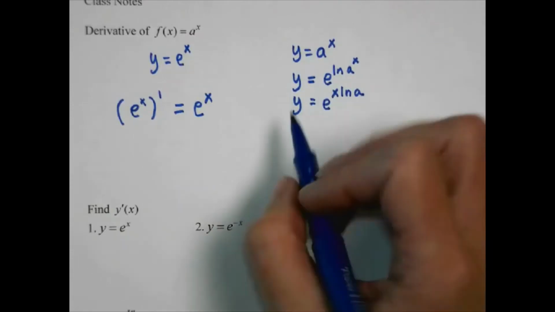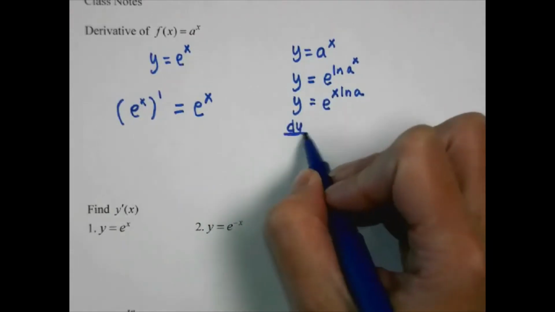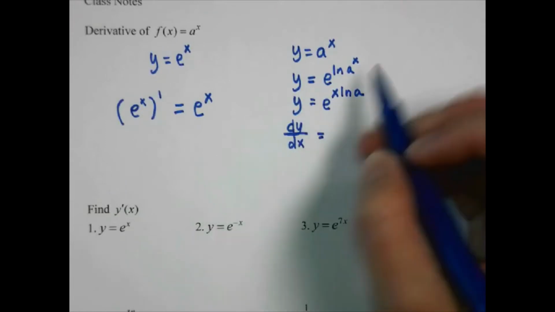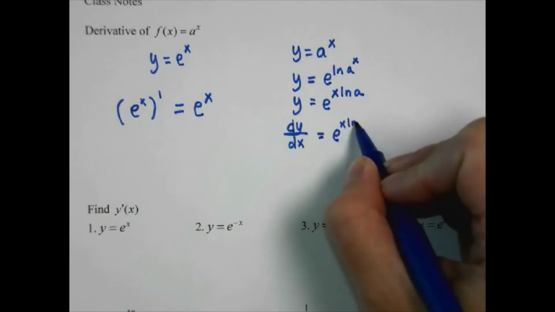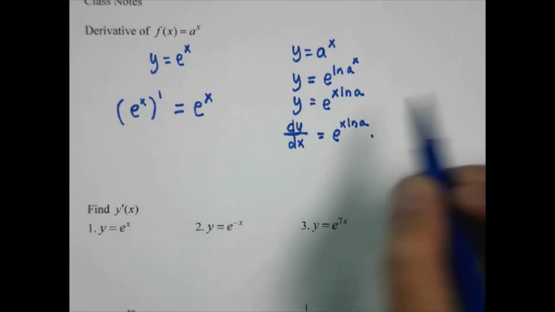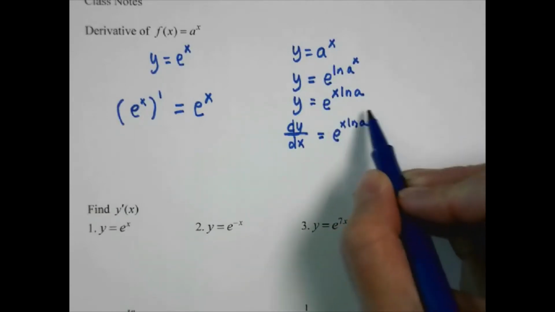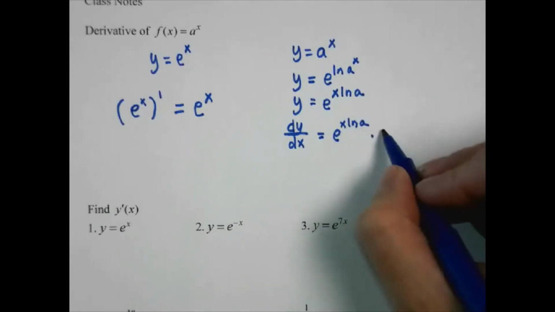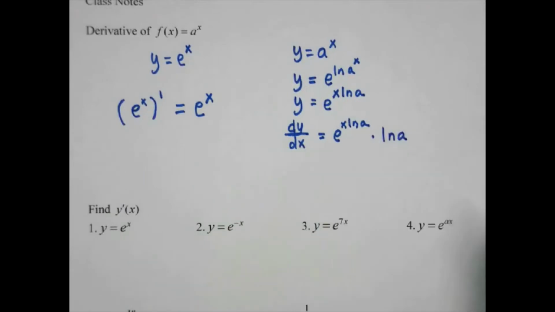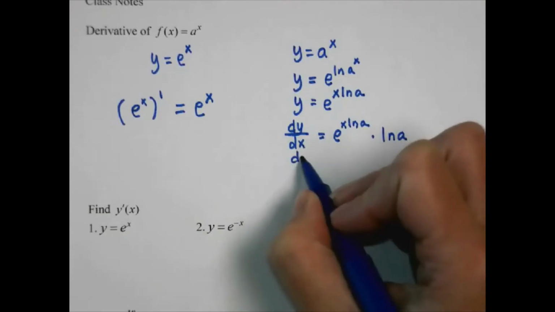And now I'm going to take the derivative. The derivative of e to the x is e to the x. So this is going to be e to the x natural log of a, times the derivative of the inside function, which is x natural log of a. That's just going to be natural log of a. And then we'll work backwards.